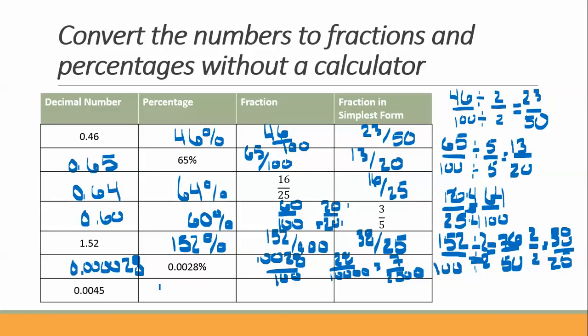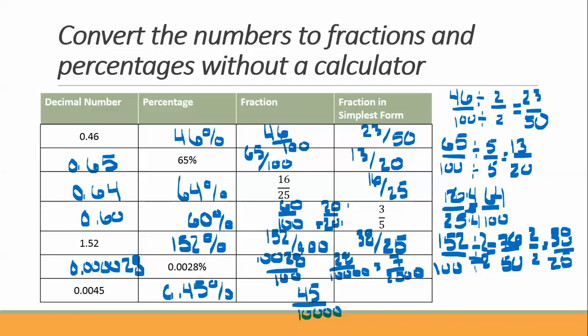Our last one is, this is 45 over 1 with 4 zeros, but we want it with 2 zeros, so we actually want to have the decimal point here to find our percentage. Because we're dividing both of these numbers by 100, we have 0.45%.